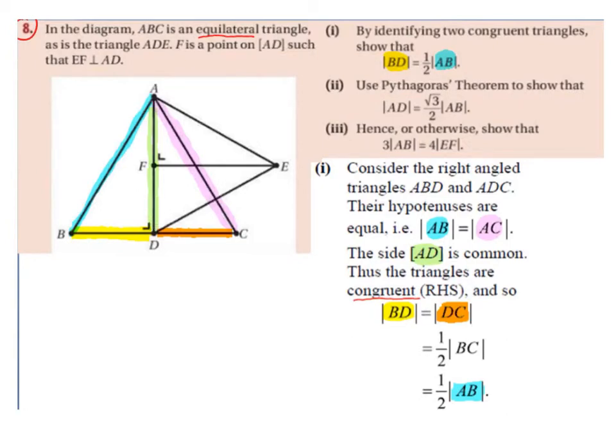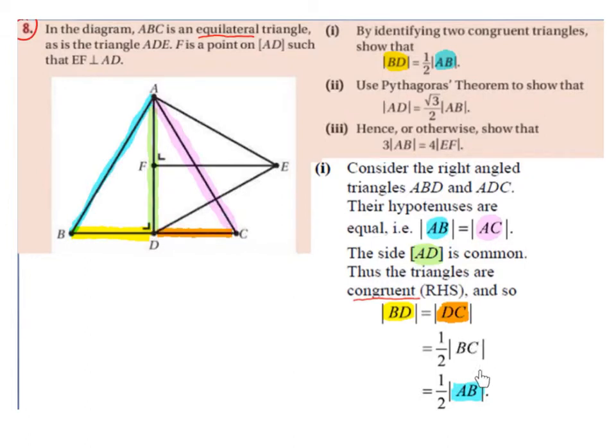So since they are congruent, BD must be equal to DC. And DC is actually half of BC. So this is BC, and DC is clearly half of it.